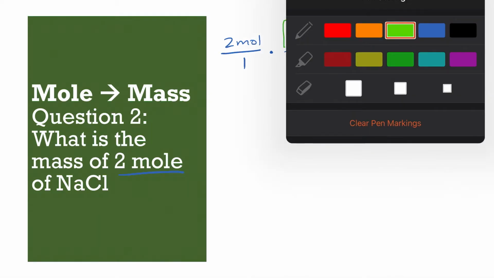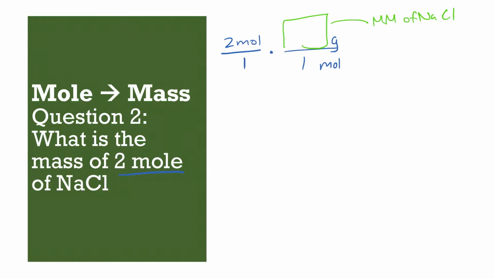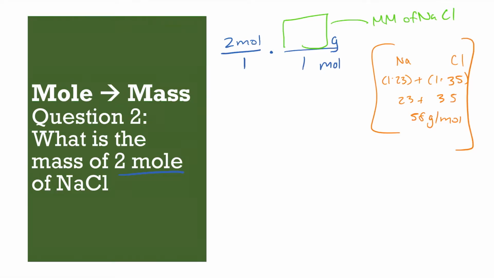So let's take a quick side note and work on this. We have Na, we have Cl, we have 1 Na, which is 23, plus 1 Cl, which is 35. Remember, you're just rounding to the nearest whole number. 23 plus 35 gives you 58 grams per mole.